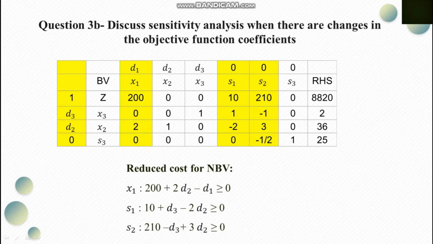For S2, 210 times 1 plus negative 1 times D3 plus 3 times D2 plus negative 1 over 2 times 10 times 0 minus 0 is greater than or equal to 0. This is the optimality condition corresponding to NBV X1, S1 and S2.